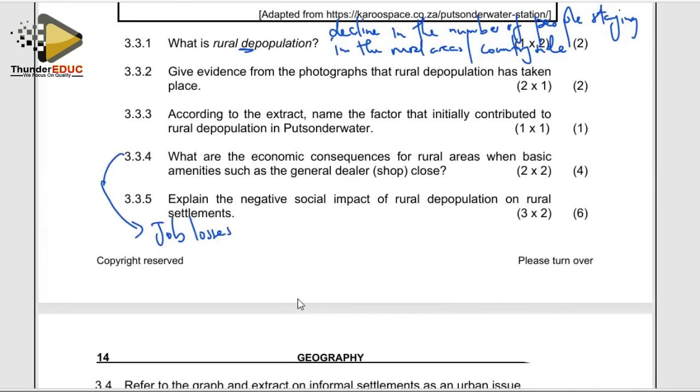And then what is going to happen there? There's going to be poverty. They don't have a source of income, and that is going to lead to poverty in the area. And ultimately, that is also going to lead to decline in property values.